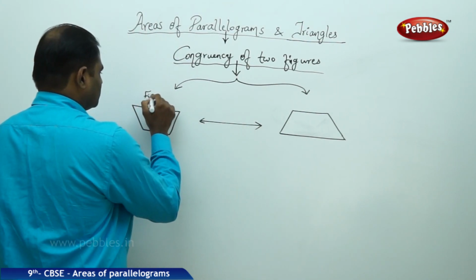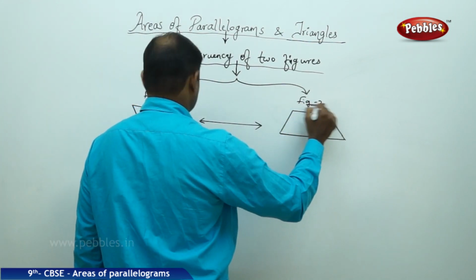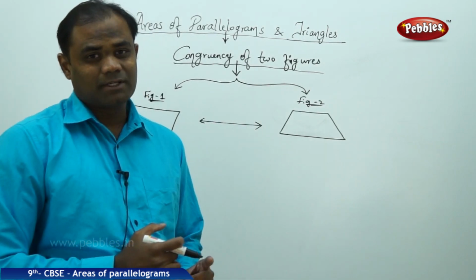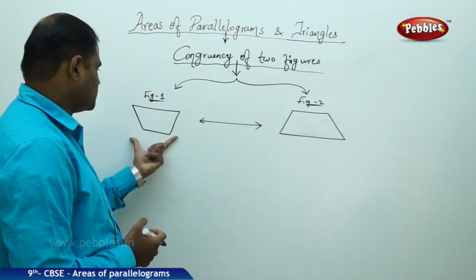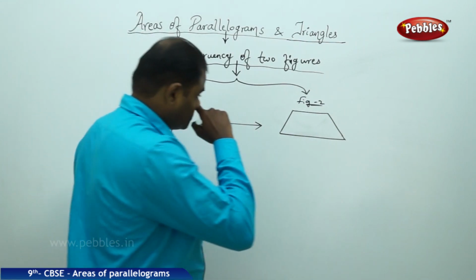These two are said to be congruent. This is figure 1 and figure 2. Both the figures are said to be congruent if they have the same shape and same size. Imagine this is in this form, and if I rotate this to the top, it also has the same shape.